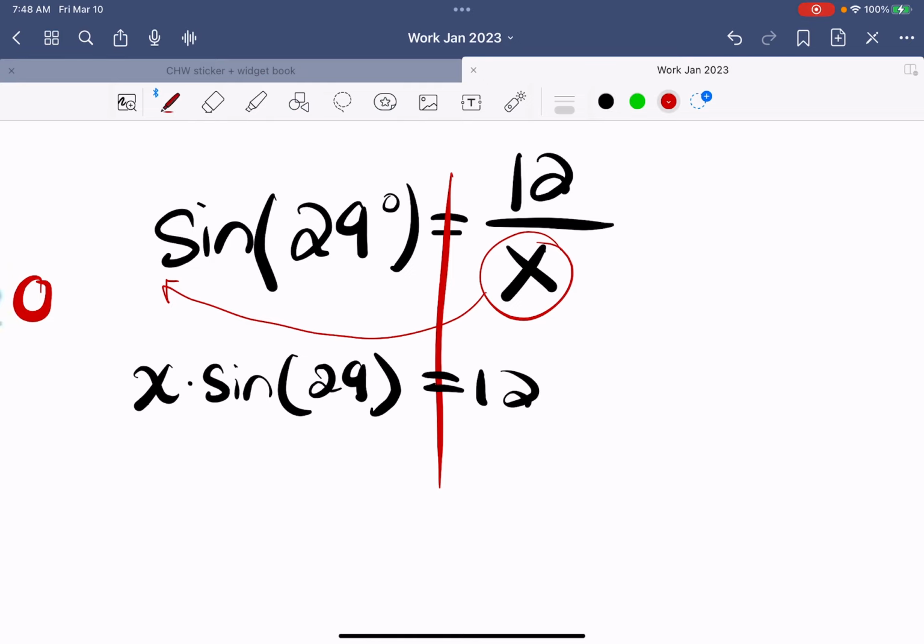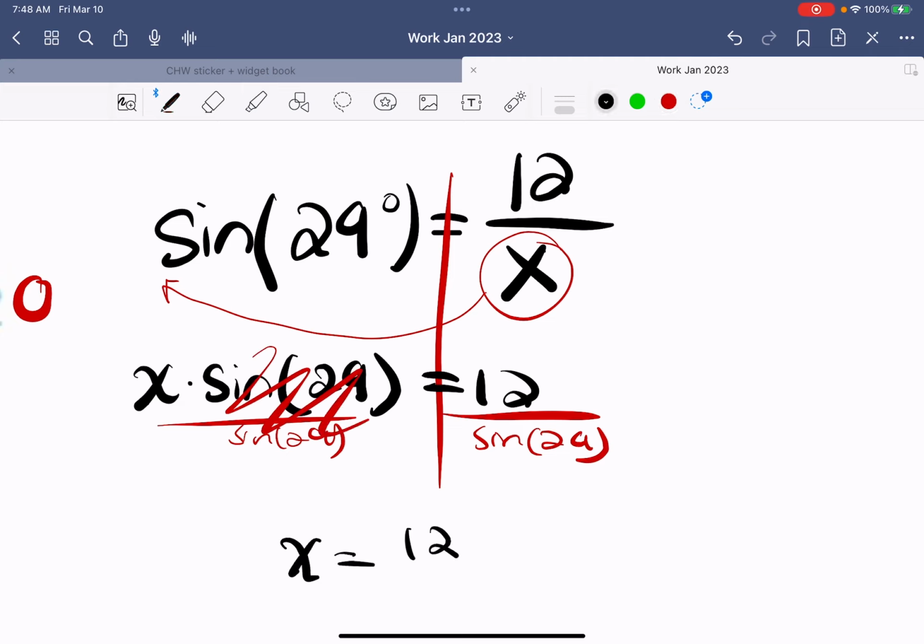And then now because X is on this side, you've got to move the sin. The opposite of what sin is doing, sin is multiplying, so the opposite would be to divide by sin 29. So you get X equals 12 divided by sin 29. And that's what you type into your calculator.